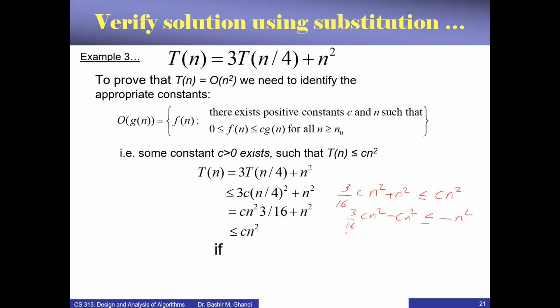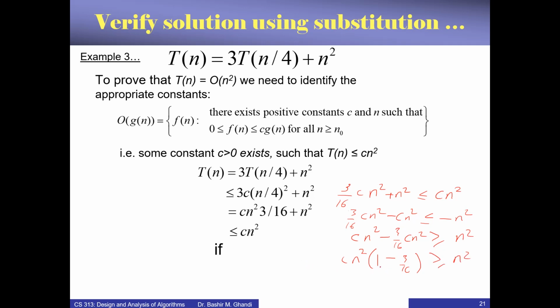If you multiply by minus 1, we will have cn squared minus 3 over 16 cn squared will be greater or equal to n squared. Now factor out the cn squared. So cn squared, you will have 1 minus 3 over 16 on this side, greater or equal to n squared.